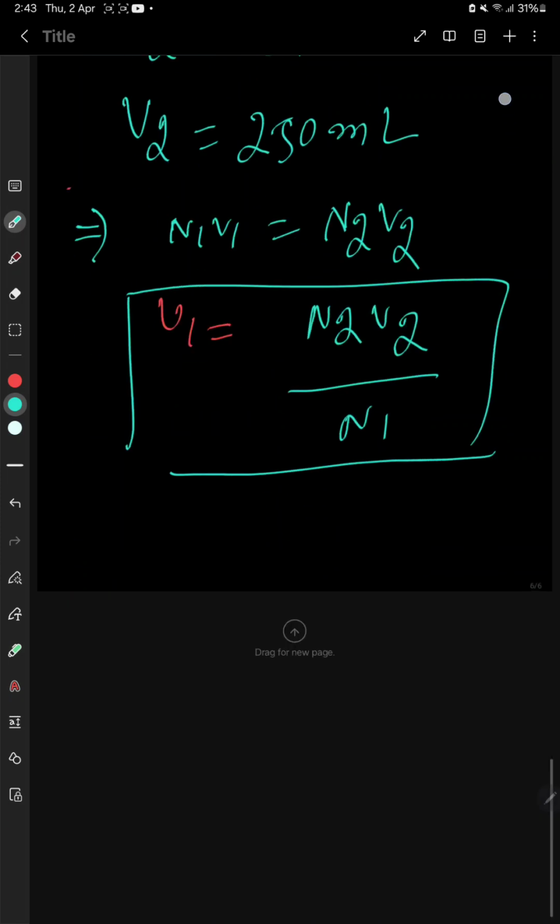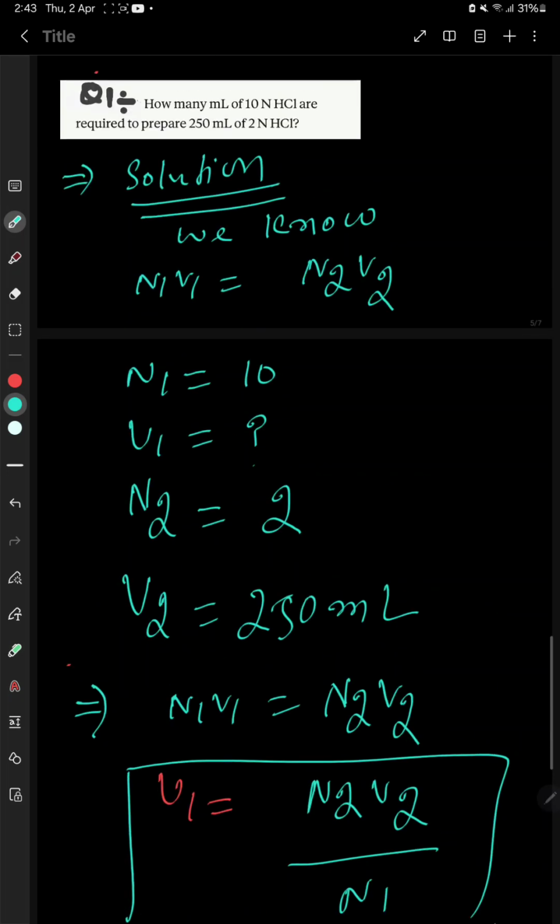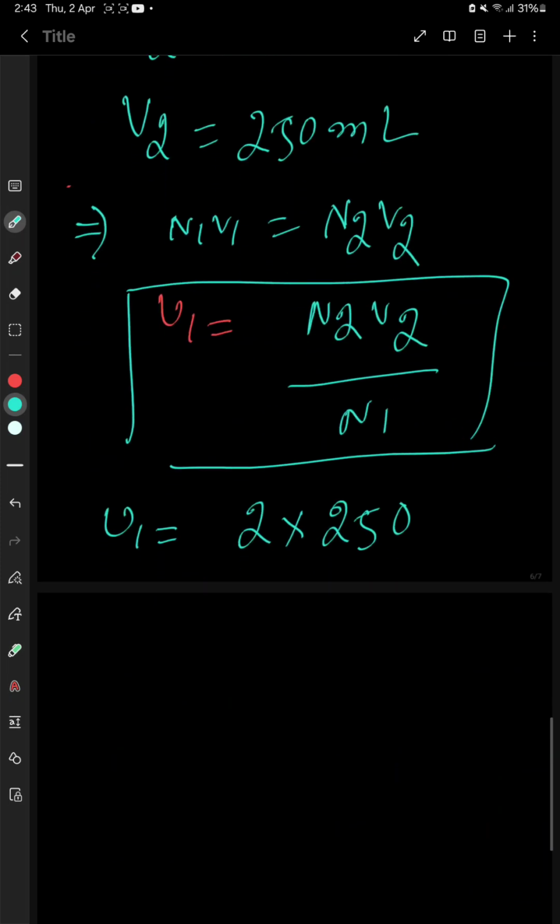No need to panic, students. So V1 is equal to, N2 is 2 and V2 is 250, as we have already listed for this particular problem. N1 is equal to 10, and with a very simple calculation, the answer is going to be 50.